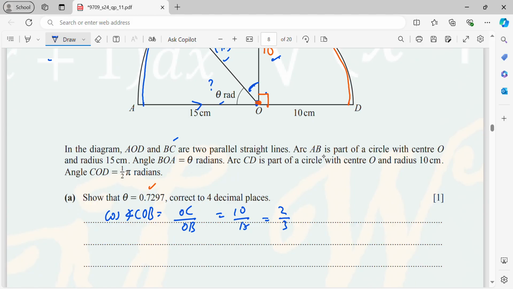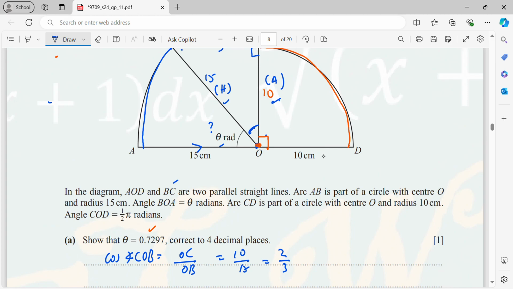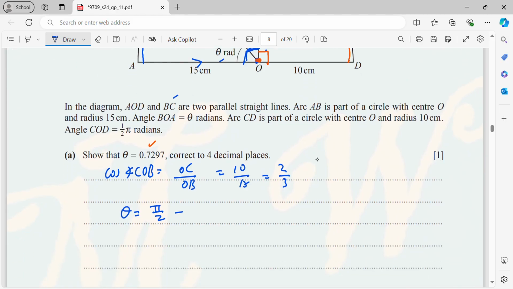That means now I will say my theta is basically pi over 2 minus angle COB, because here is pi over 2. So angle COB is basically inverse cos, or arc cos, of 2 over 3.